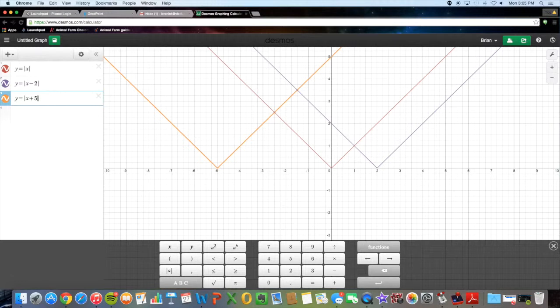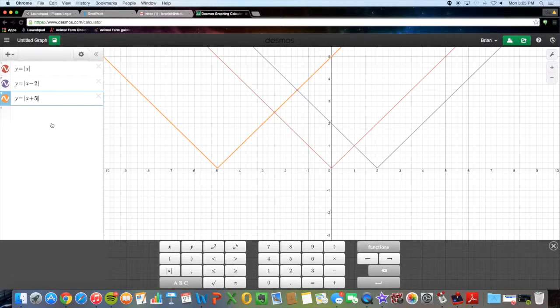You've got to remember, in order to move right, you subtract. In order to move left, you add. Why is that? Well, because we're translating from 0, 0. So in order for y to be 0, in this case, x needs to be -5. -5 plus 5 is 0. Or up here, x needs to be 2, because 2 minus 2 is 0.